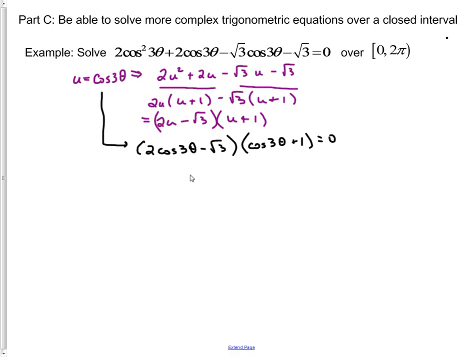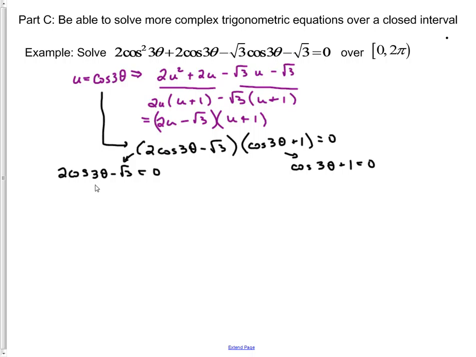So, of course, this means we need to set each factor equal to 0 individually. Let's take on 2 cosine of 3 theta minus radical 3 equals 0 on the left here, and we'll take on cosine of 3 theta plus 1 equals 0 on the right.